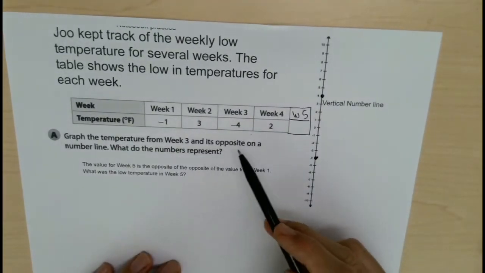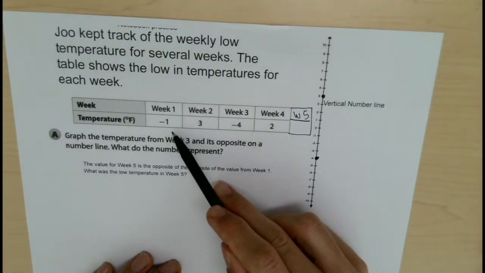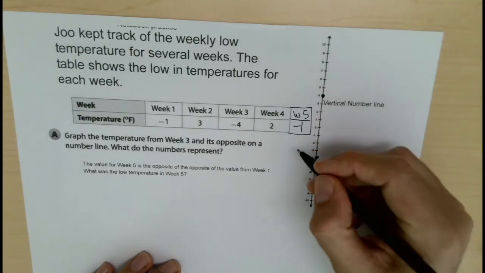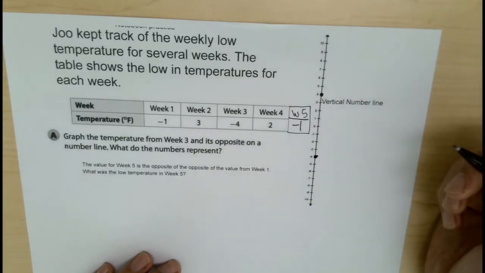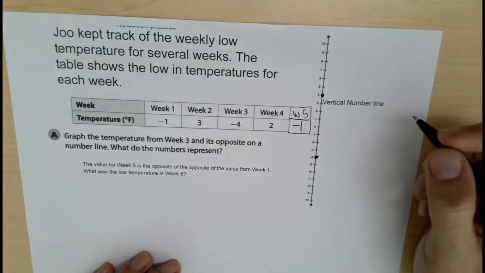So the opposite of week 1 would be 1 degree. But since we're looking for the opposite of the opposite, we would go from 1 back to minus 1. So the low temperature for week 5 was minus 1.